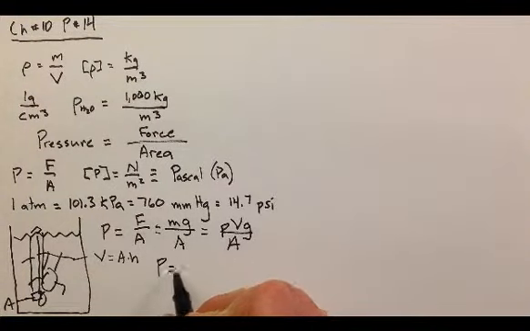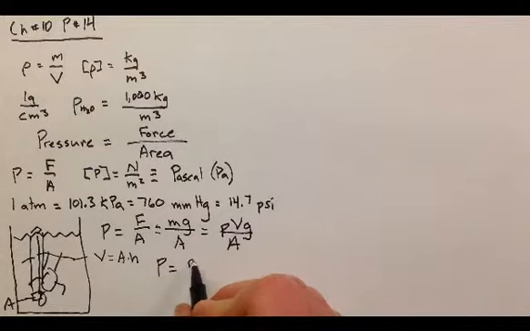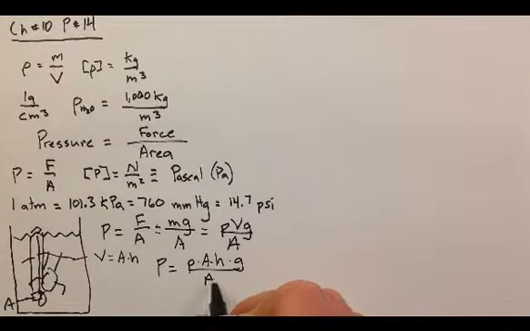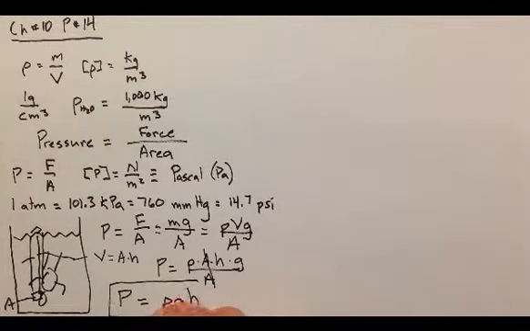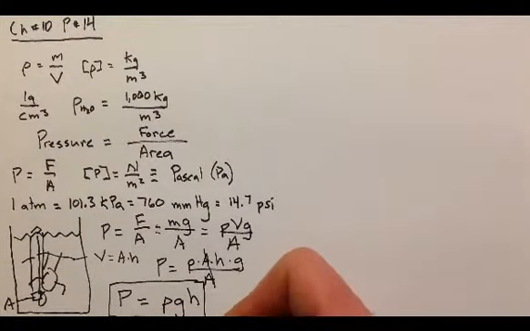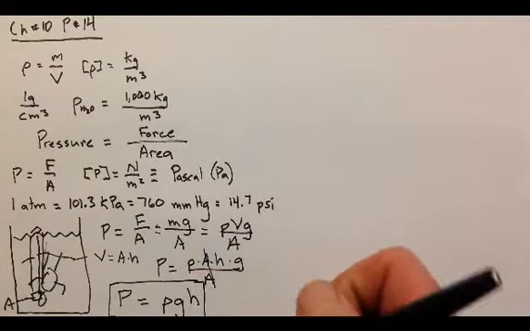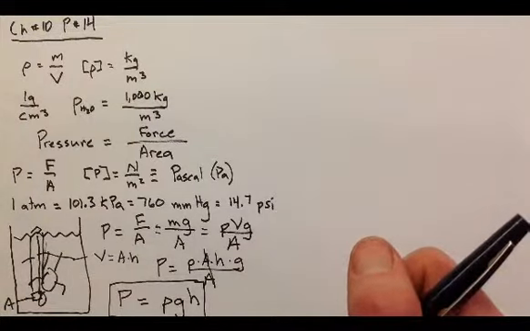Therefore, the pressure would be rho times A times H, because that's the volume, times g divided by A. And lo and behold, I have an expression for the pressure a fluid exerts at some height h. So if you're some height h underwater, the pressure down there would be equal to the density of water times g times the height, or the depth of that water.